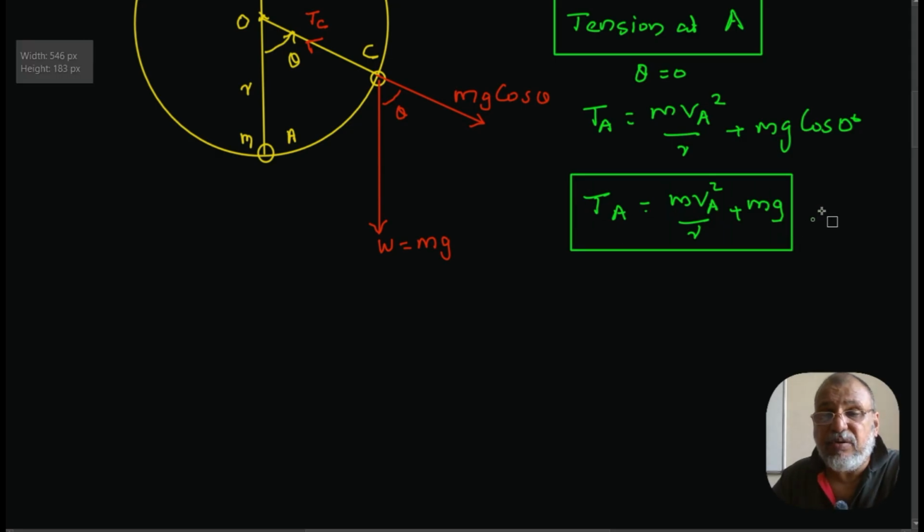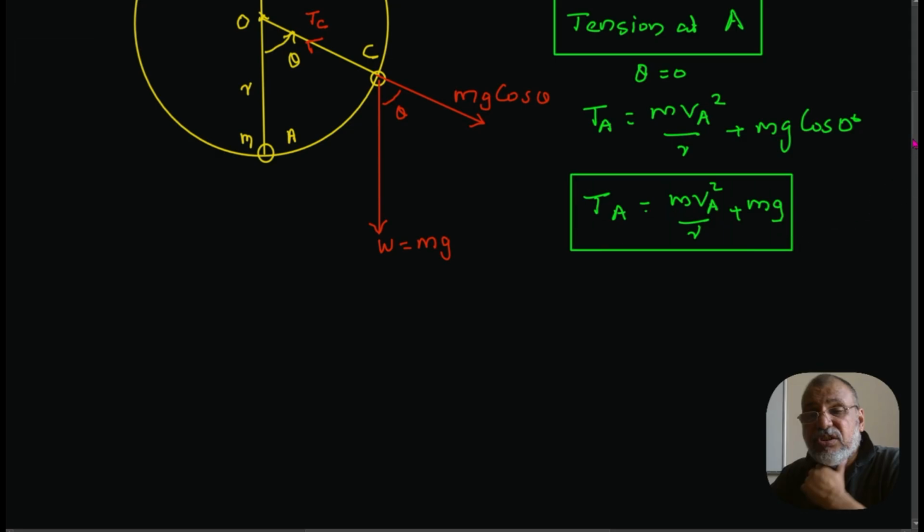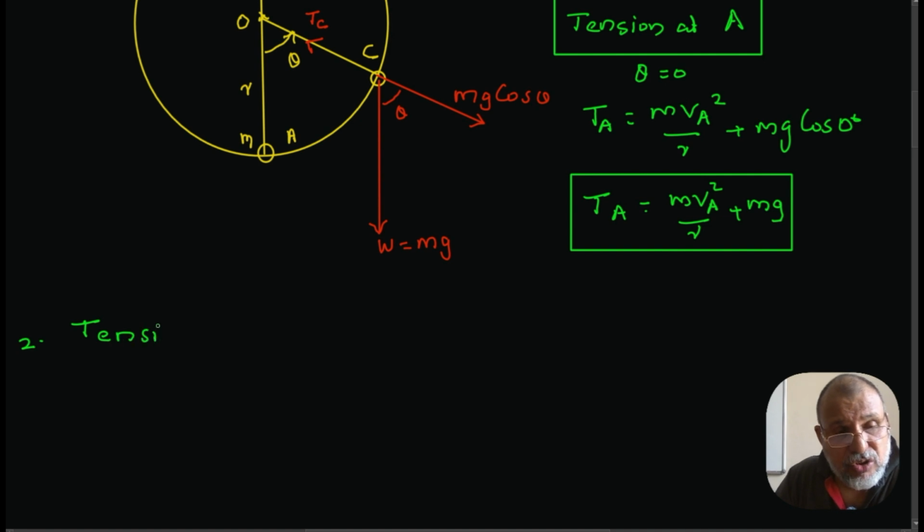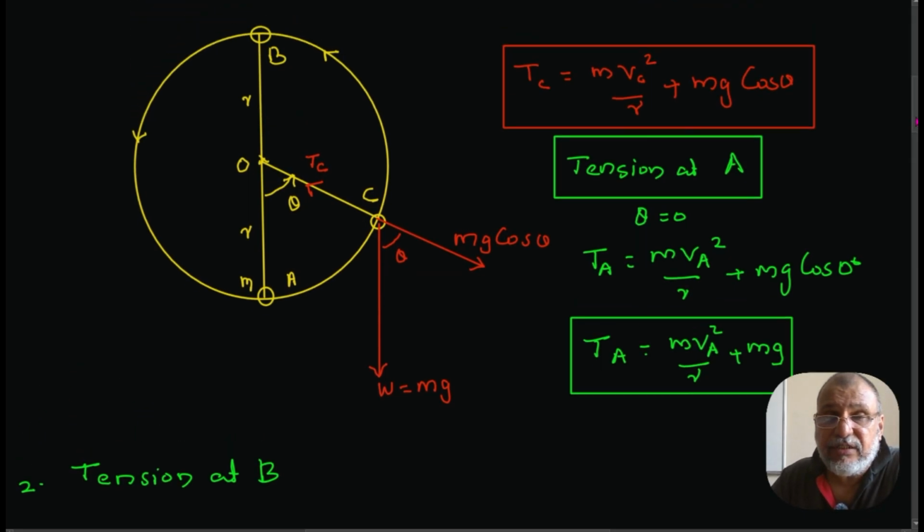I use the same equation and we can work out the tension when the body is at B. Look at the equation again: T is equal to m v squared over R plus mg cos theta.